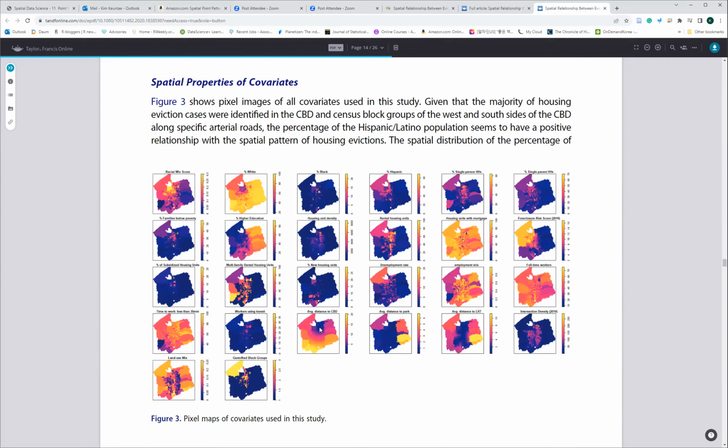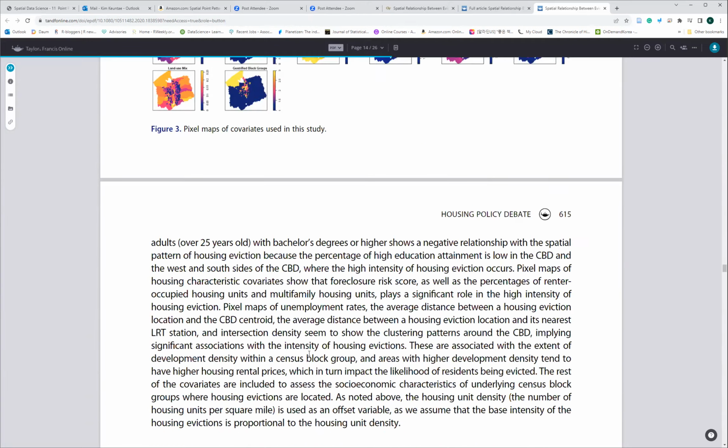Distance to the CBD also has a pretty similar pattern compared to my actual observation of the evictions. So we can think that these two are closely and significantly related to the spatial point pattern of housing eviction.